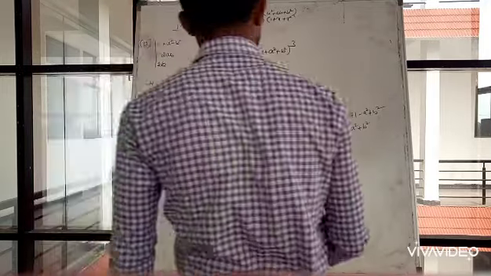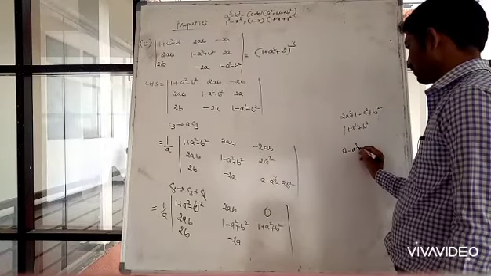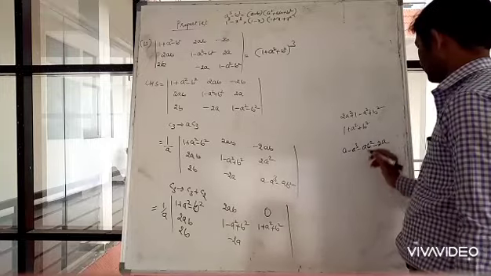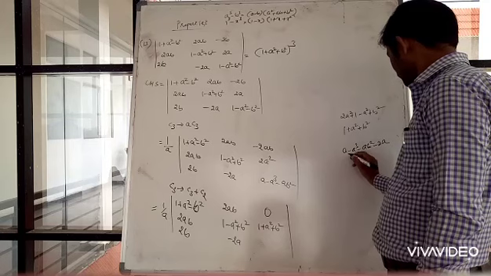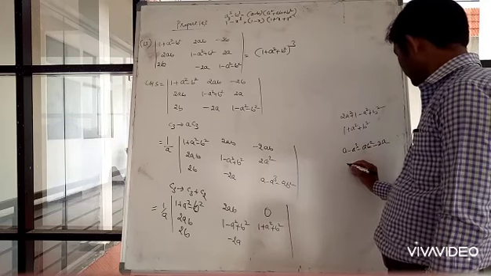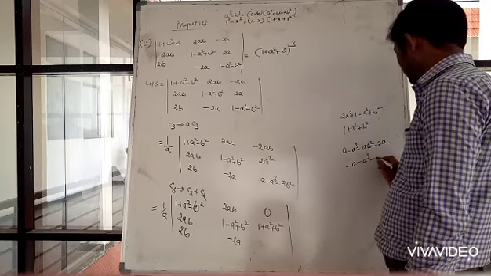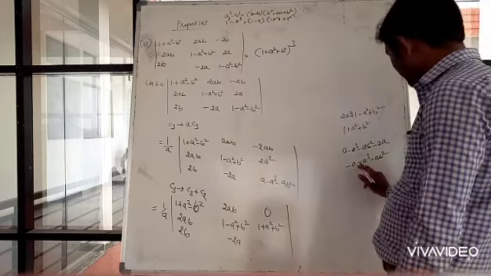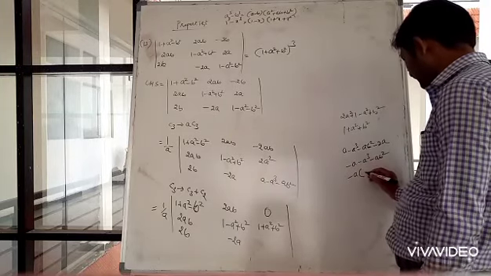Then next, a minus a cube minus a b square minus 2a. Then what we get here? a minus 2a minus a cube minus a b square, right? If I take minus a outside here, what will remain?